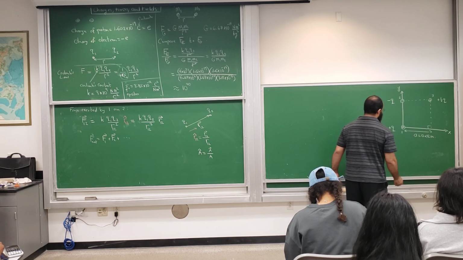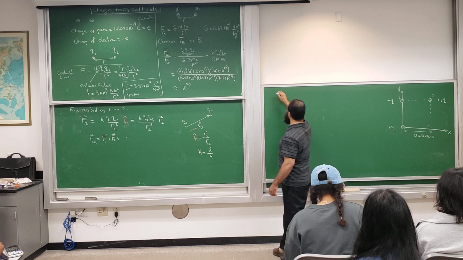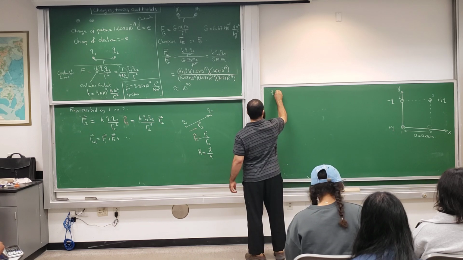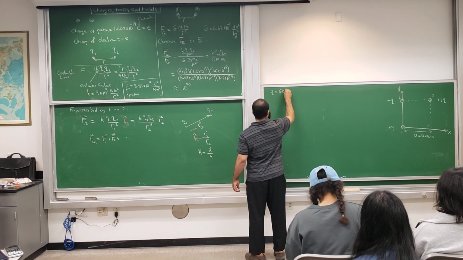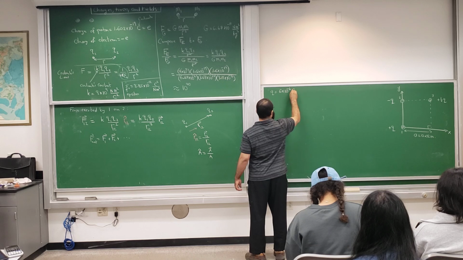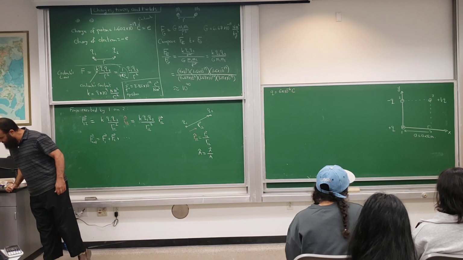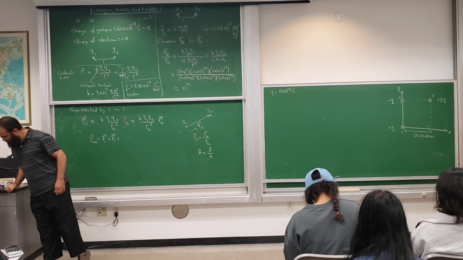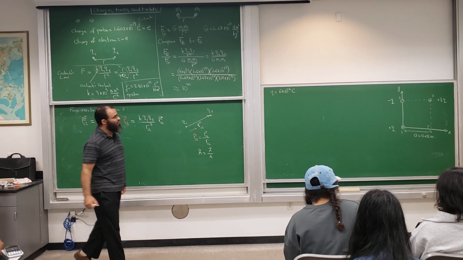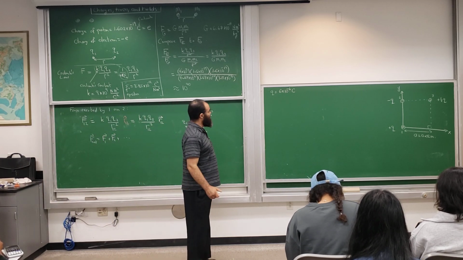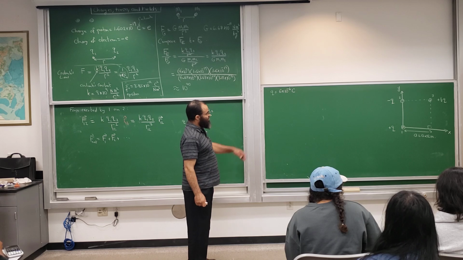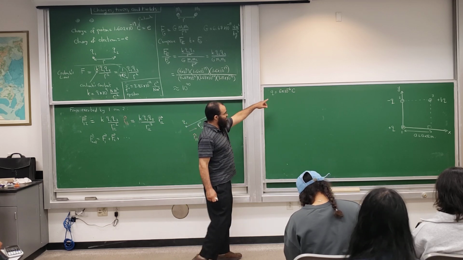And the charges, Q is equal to 6 times 10 to the minus 6 coulombs. So charge 1 is 6 times 10 to the minus 6.